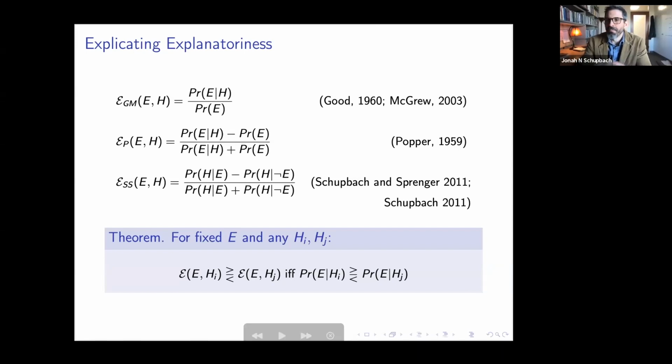Okay, so the most explanatory theory H over some E reduces to the judgment that hypothesis has the greatest likelihood with respect to that evidence. The probability of the evidence on that hypothesis is greater than it is on any other hypothesis.